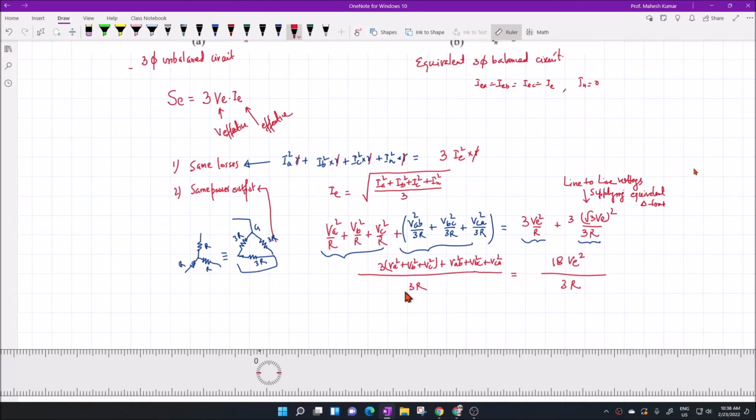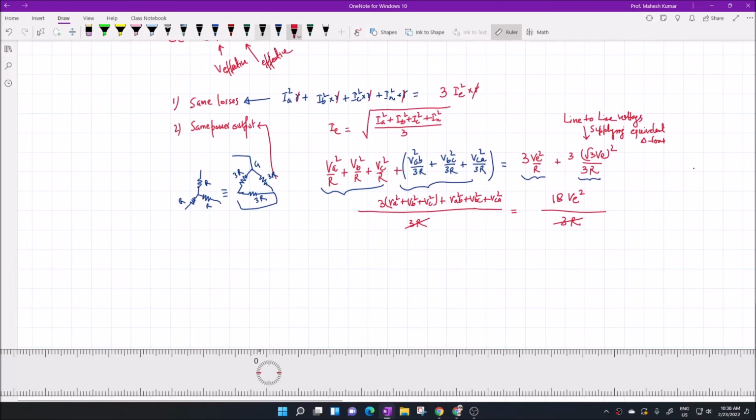This will go away here, both the sides, and finally we will get the effective voltage VE as 1 by 18th into 3 VA square plus VB square plus VC square, close this bracket, and then plus here VAB square, VBC square, VCA square, and then close this bracket, okay, and then square root of this.